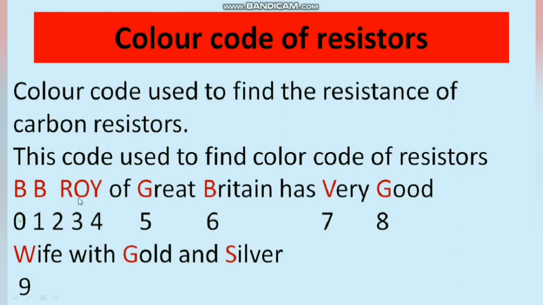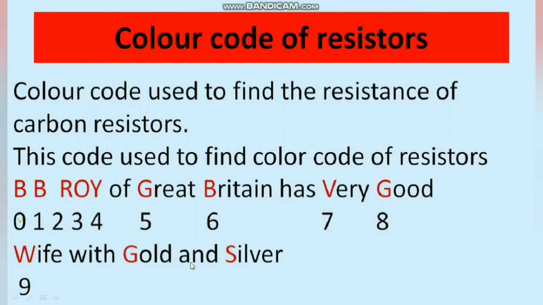And the next are red, orange, yellow, green, blue, violet, gray, white, gold, silver. These colors are allotted digits in the order 0, 1, 2, 3, 4, 5, 6, 7, 8, and the next 9.